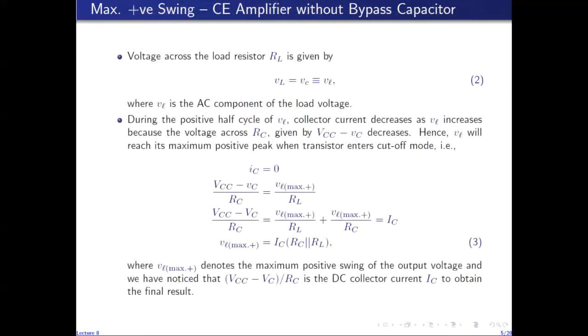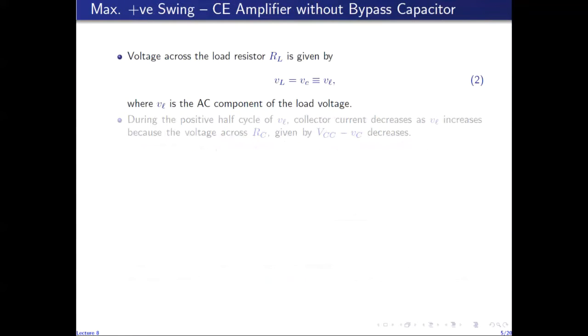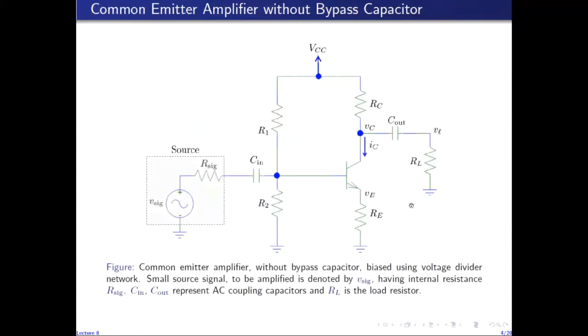So let me go back to the circuit. What I just said is that as VL increases in the negative direction, because VL is negative, IL flows upwards now with increasing magnitude. So IL flows into the collector in the upward direction with increasing magnitude, the AC component of IL.